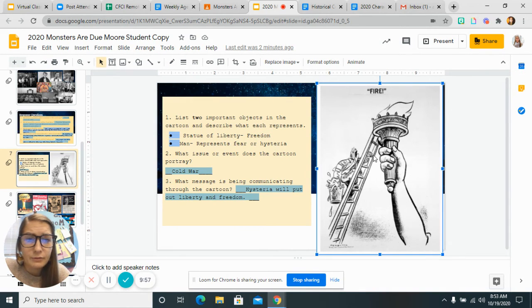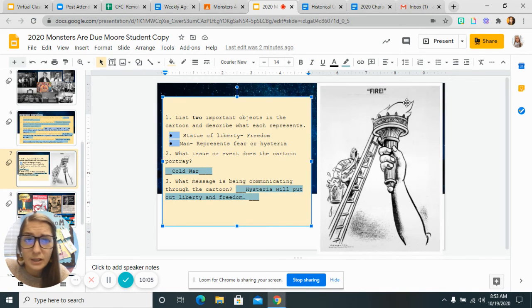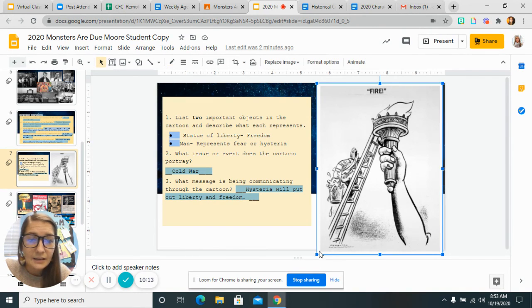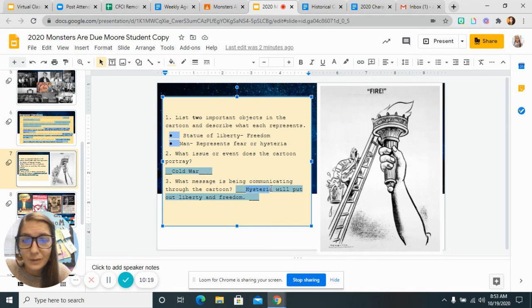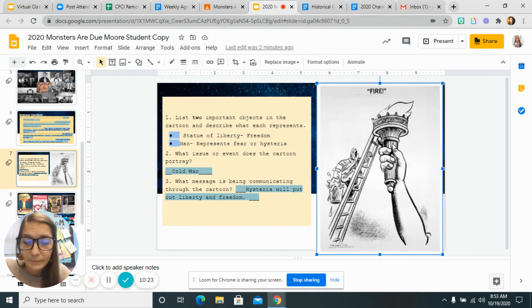It's kind of saying that Americans are almost their worst enemy, right? Hysteria and fear will cause them to turn against each other and accuse each other of communism, of being a communist sympathizer. And so this fear will sort of be the end of freedom and liberty.